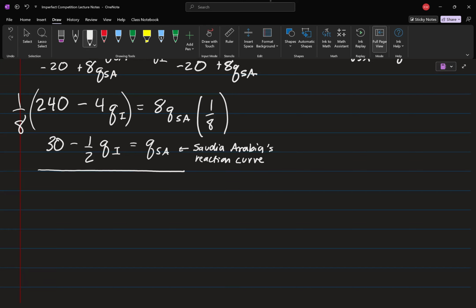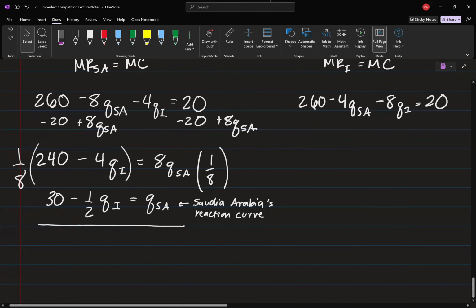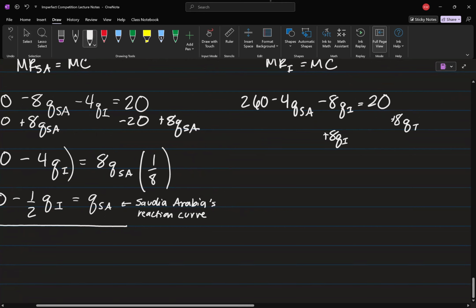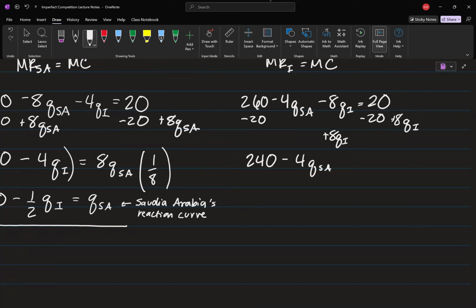Okay, let's do the same now for Iran. So we're going to add 8 times the quantity Iran produces to both sides. And we're going to subtract 20 from both sides. That's going to give us 240 minus 4 times the amount Saudi Arabia produces equal to 8 times the amount Iran produces.